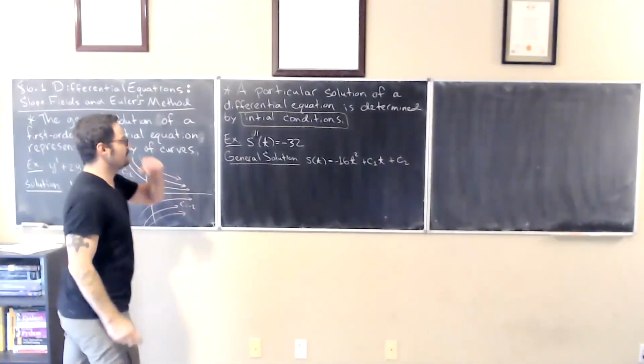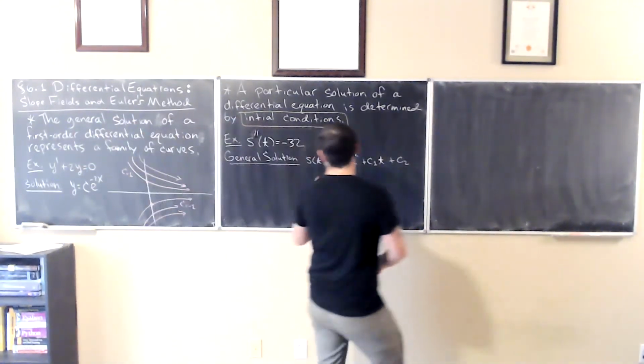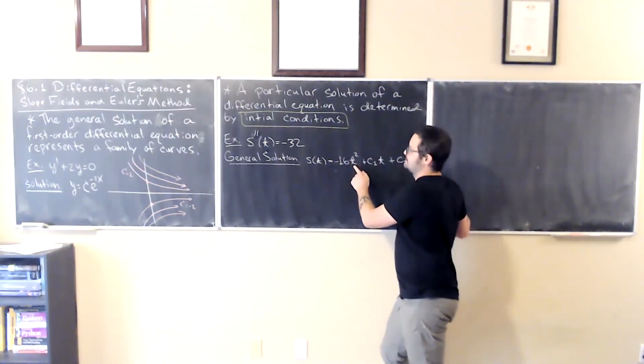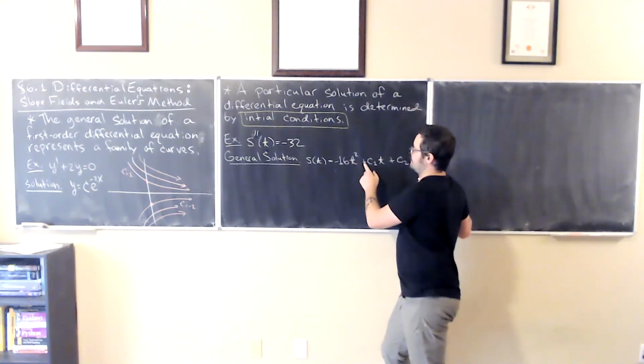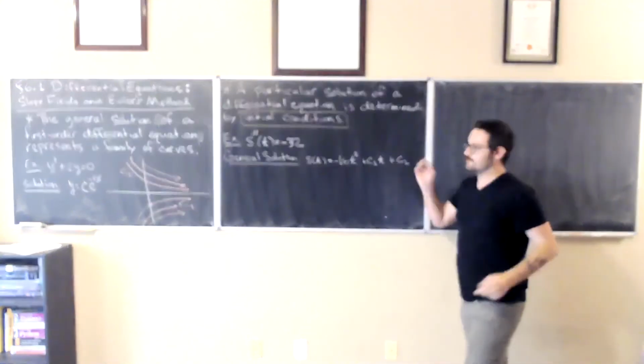We can verify that this is a general solution to this differential equation, right? If we take the first derivative, we get negative 32t plus c1. Take the second derivative, we get negative 32, nothing else, right?